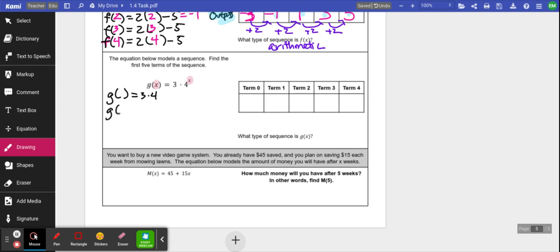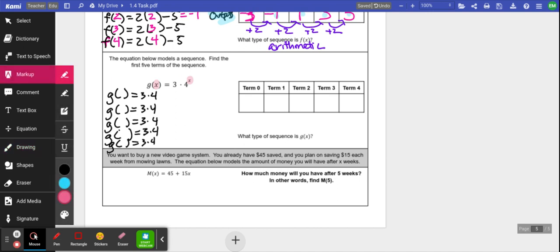And I'm going to do that a bunch of times because I can see I'm going to have to evaluate this for 5 different inputs. So I can even write this all out. I know every time I'm going to do g of blank equals 3 times 4 to the blank. And then I have to decide what those inputs are.